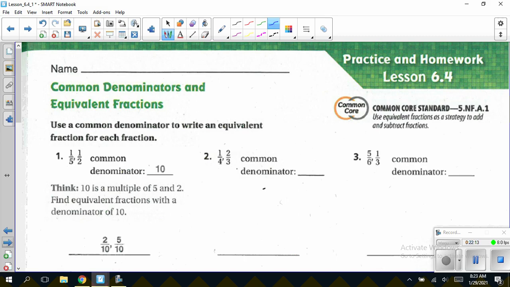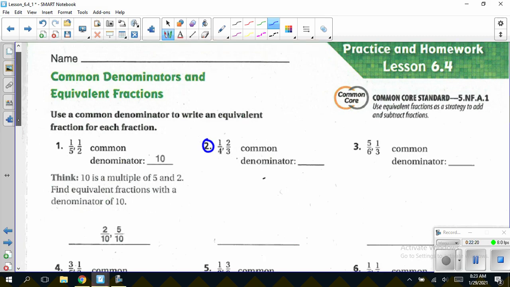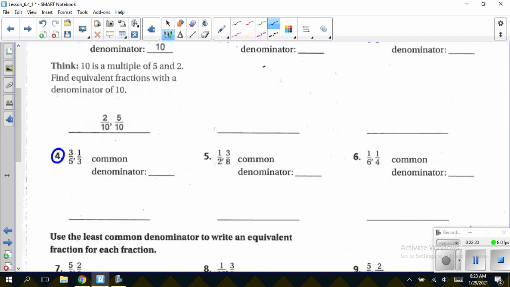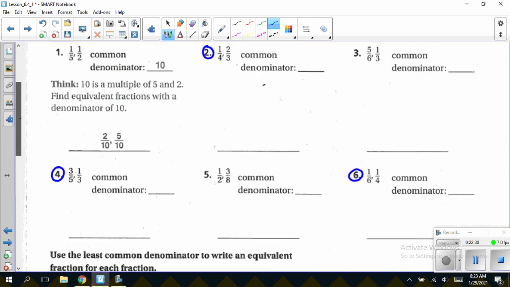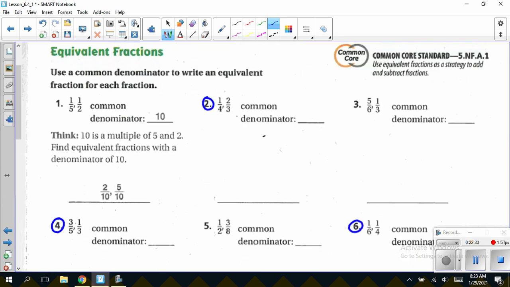So on your homework, the front page, you will be doing the evens only. So 2, 4, 6, 8, and 10. So notice for the top 3 questions, it says use a common denominator to rewrite an equivalent fraction for each fraction.